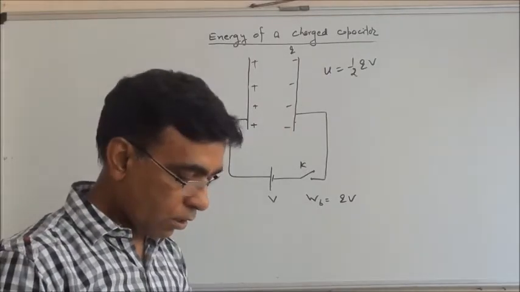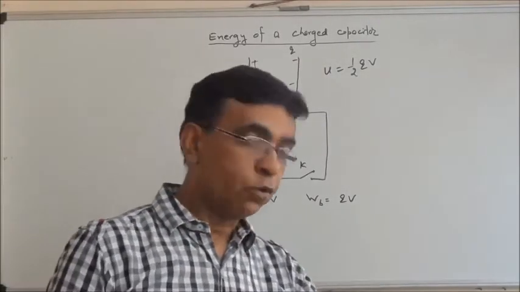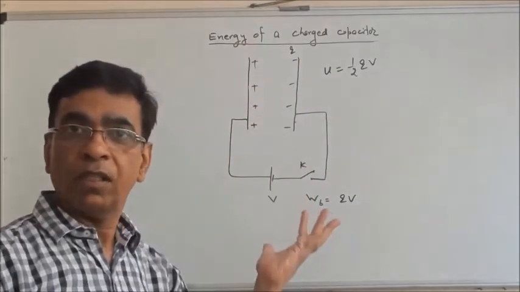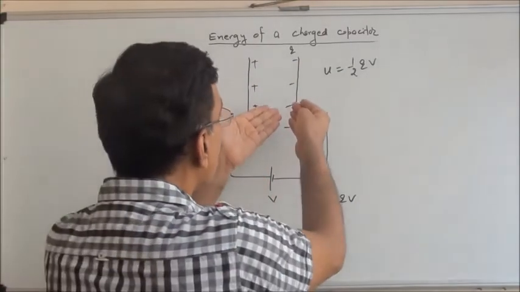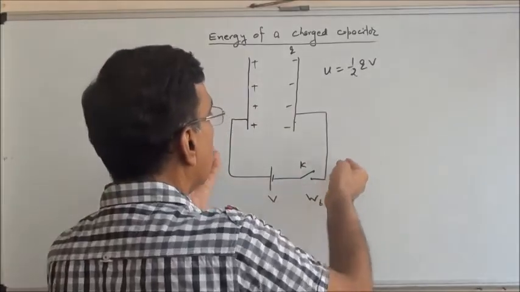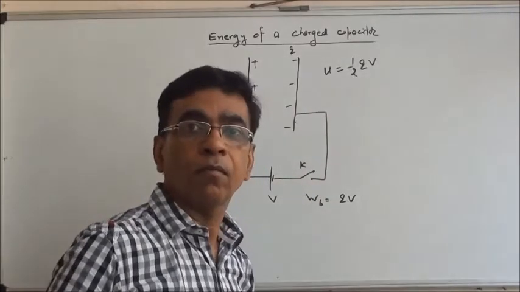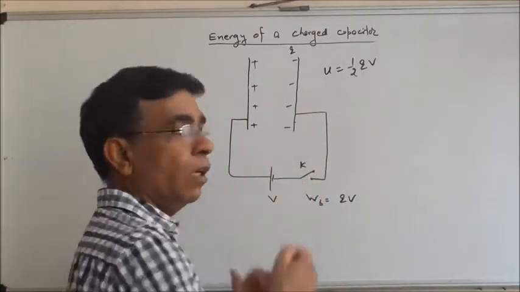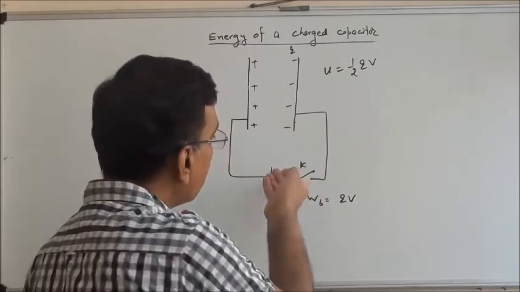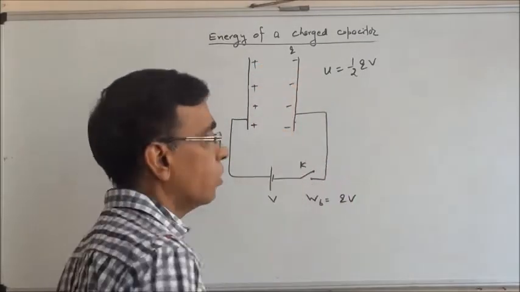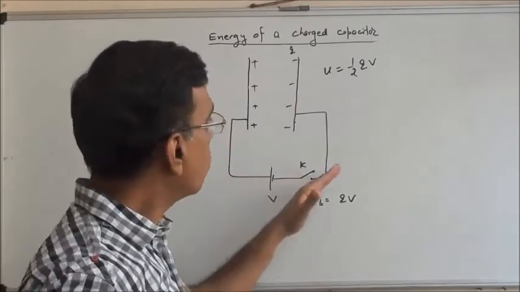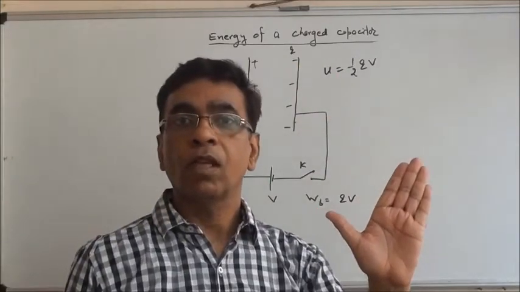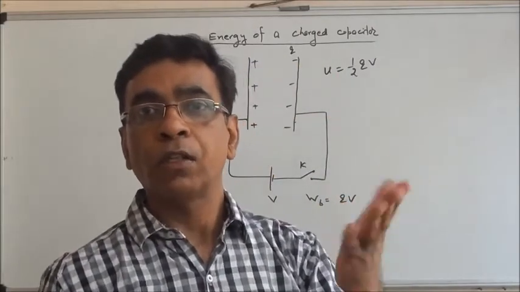So actually there is a loss of this energy. Where is this energy going? See, in the process of charging the capacitor, electrons are flowing through these connecting wires. And when the electrons are flowing here, they are collecting on this plate. Whenever electrons flow through a wire, it is current passing through a wire.